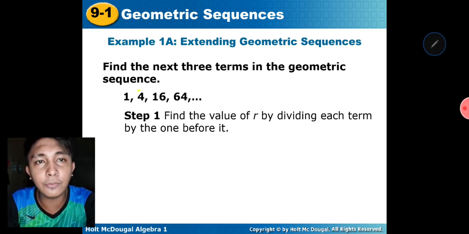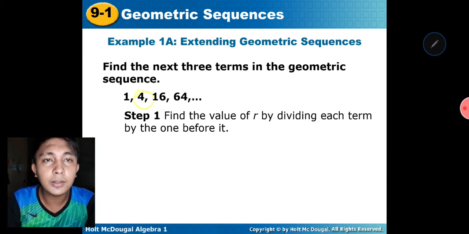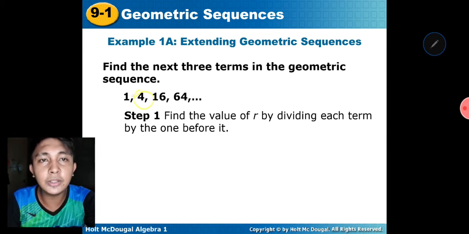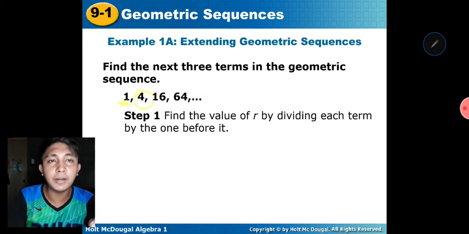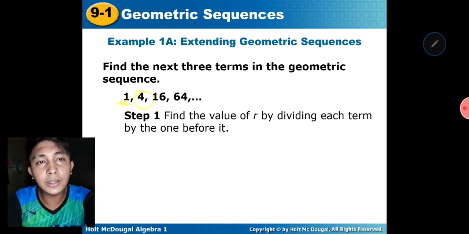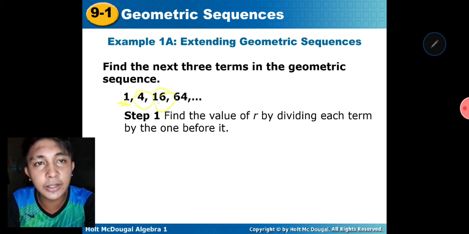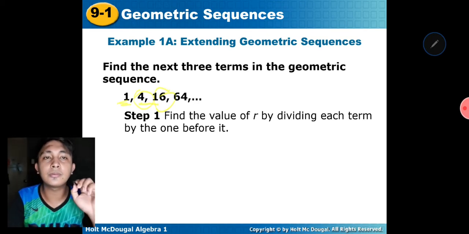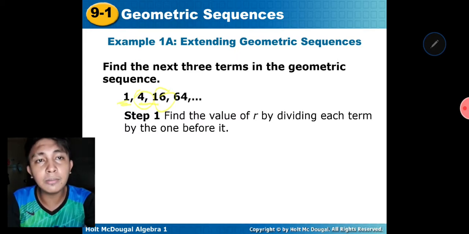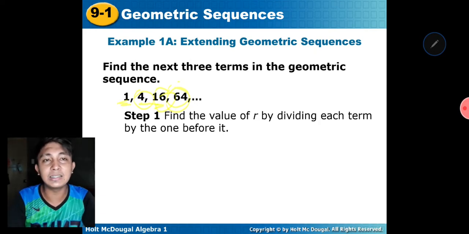So if we have 4, we divide it to this number 1. Okay, 4 divided by 1 is 4. Very good. What about, let's try 16 divided by 4. We have 4. What about 64? Now divided by 16.